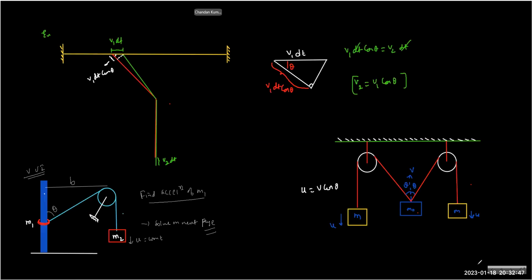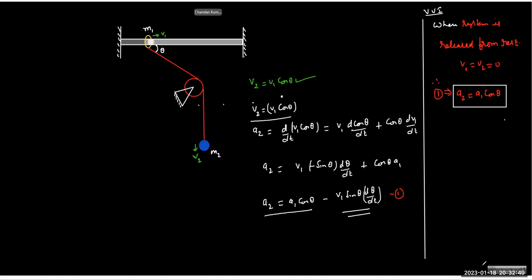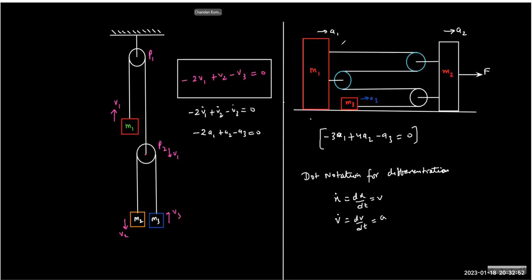Okay, let's see any other question. These are easy questions. Look at this question. The tension force is T, T, T, T, T, T. This is the tension for M1. This is also T, T, T, T, T. Now look at this.